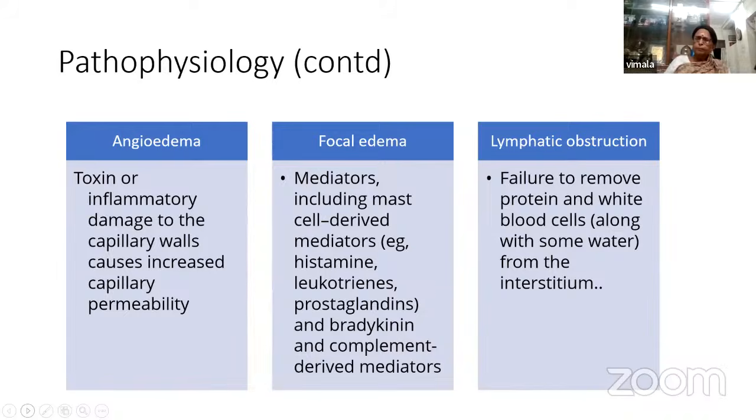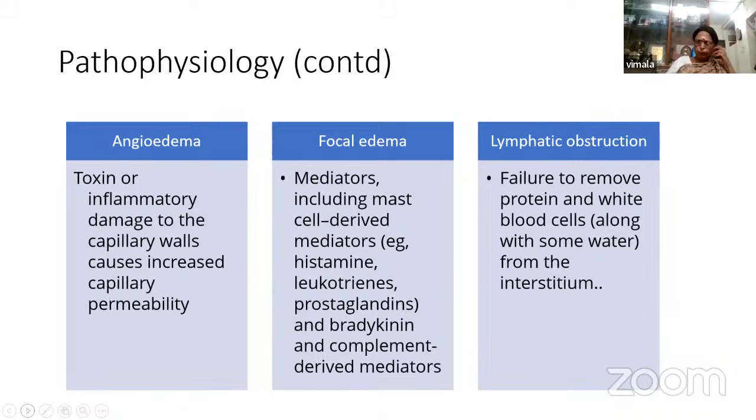And that toxin probably produces inflammatory damage to the capillary wall, and that leads to loss of many precious lives. If you come across angioedema, the immediate treatment should be corticosteroids, and adrenaline if there is a reduction in blood pressure. So that is angioedema.